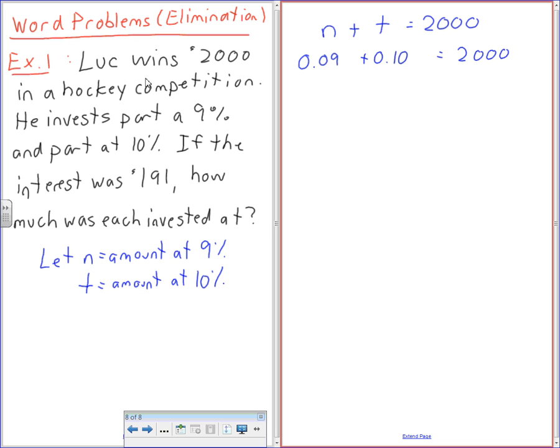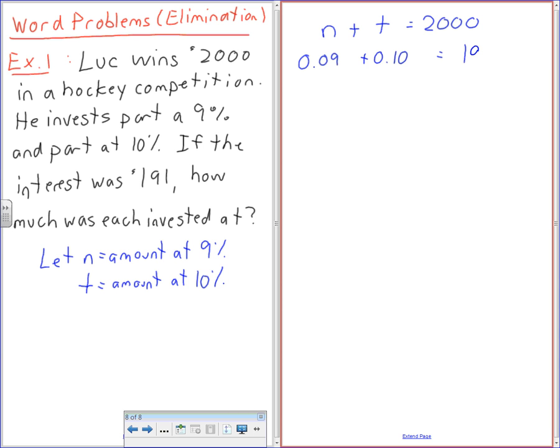Almost. She's missing times 191. Where's the 191 going there? It's not even going to be inside the bracket, so this is just going to be 191.